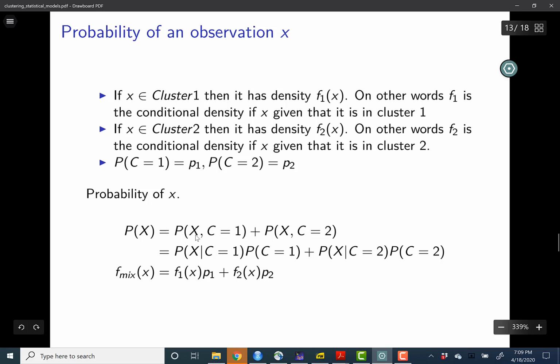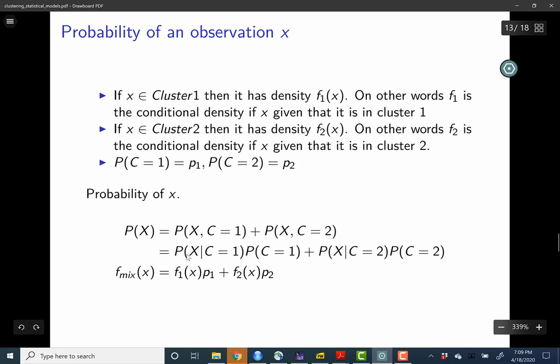So the probability of X comma C equal to 1 can be written as the probability of X given C equal to 1 times the probability that C is equal to 1. And you can again use the multiplicative rule on this part and get this expression. Now let's look at each of these terms.